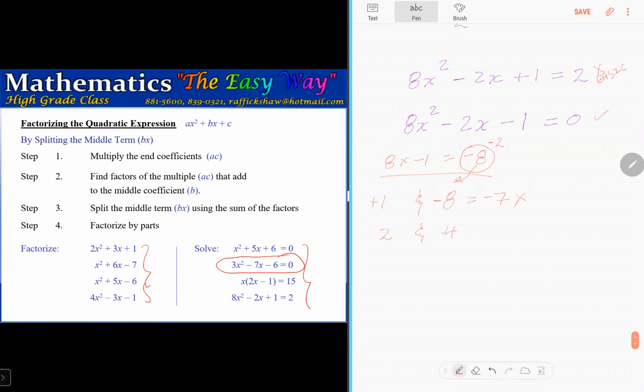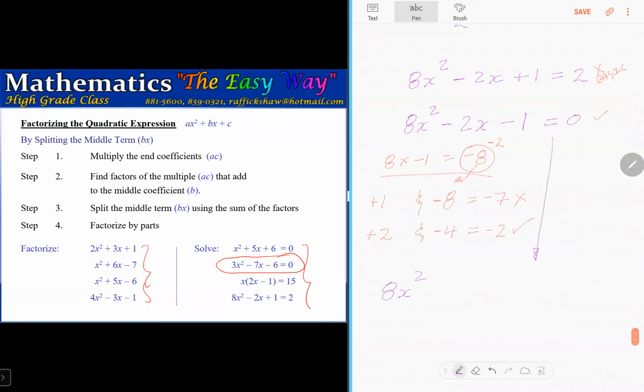Give the larger one negative and the small one positive. 2 and minus 4 gives negative 2, which is what you want. So good, it means that we want to split this negative x into 2x minus 4x. So I found the factors that we want. So the equation here becomes 8x squared.